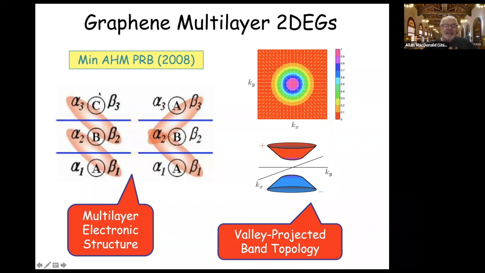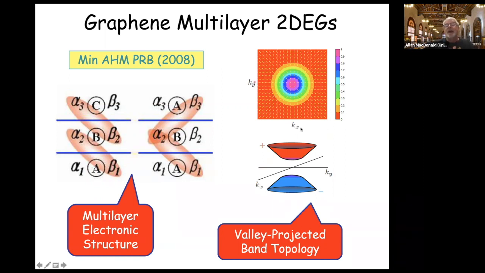In ABC stacking, what happens is that the only low energy degrees of freedom are localized on the outside layers. And this is a generalization of what happens just with a bilayer, which I've illustrated on the right-hand side of this slide.